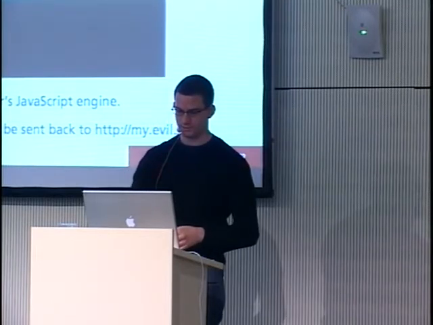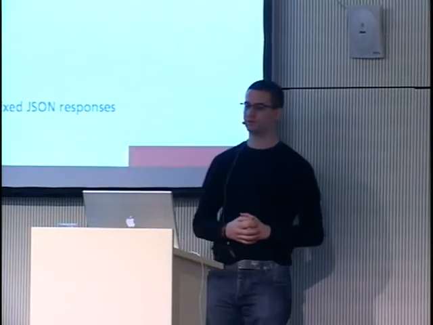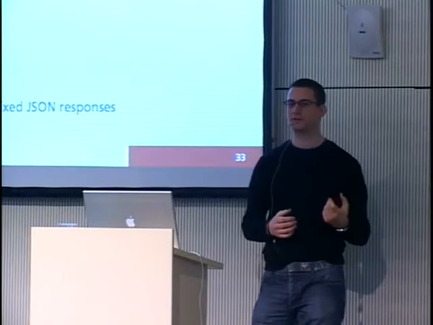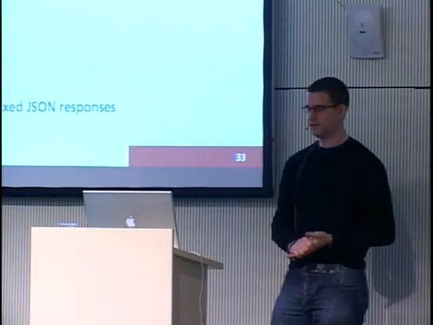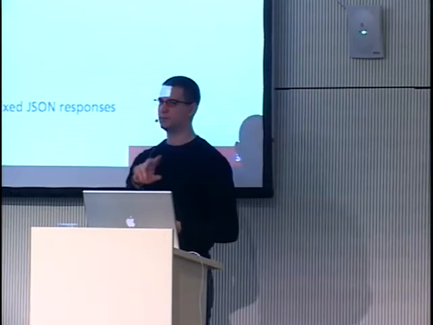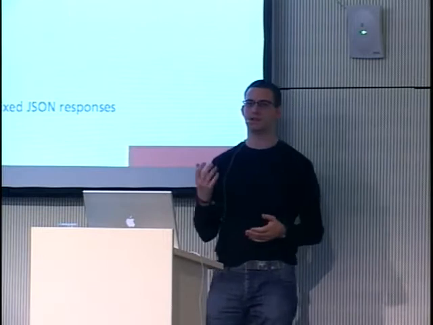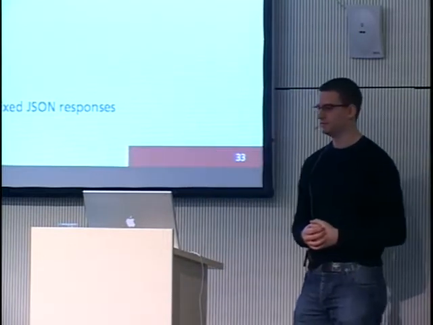What can you do against it, basically? First step, don't put anything important into JSON responses. This doesn't always work, because JSON is a very nice format for exchanging data between your JavaScript frontend and the backend. Another thing is to use unguessable URLs. Use an MD5 hash of the user ID plus a timestamp or whatever to get the last transactions and so on.